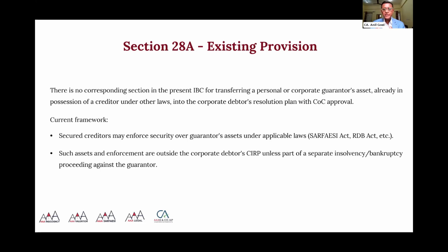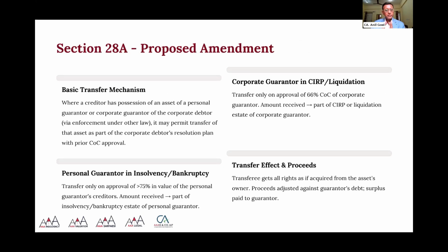In case the creditor has taken possession under SARFAESI, or under RDB, or even under section 29 of the State Financial Corporations Act, they are not able to sell it because of the moratorium. Such assets and enforcement are outside the corporate debtor's CIRP unless part of the separate insolvency or bankruptcy of the individual or the grantor.